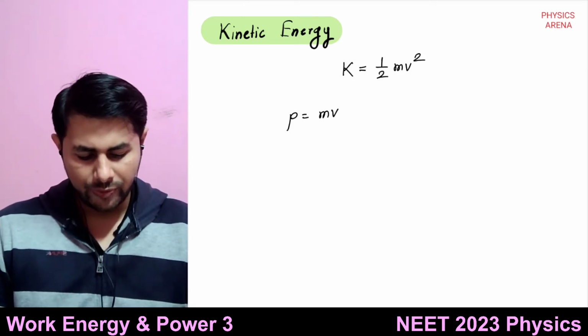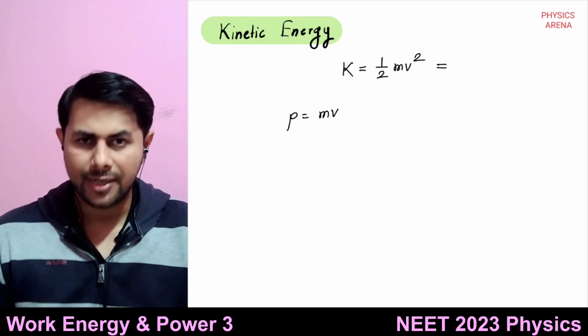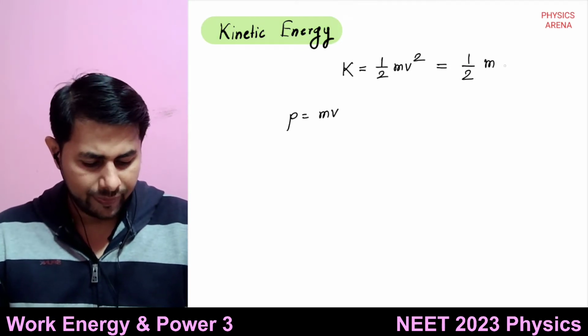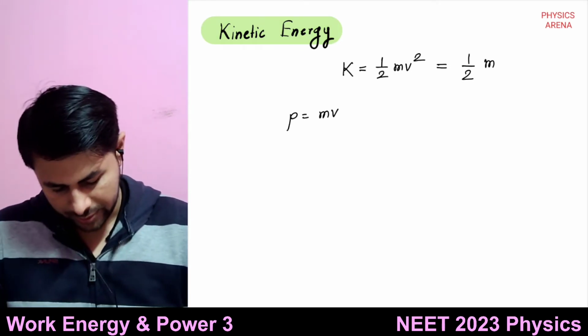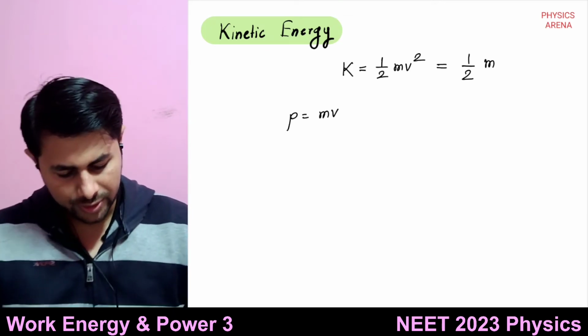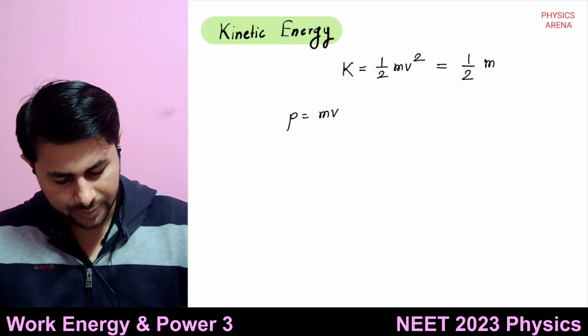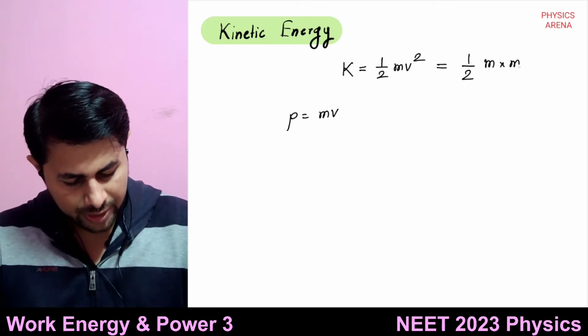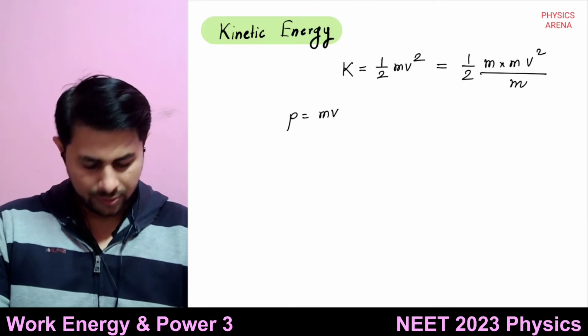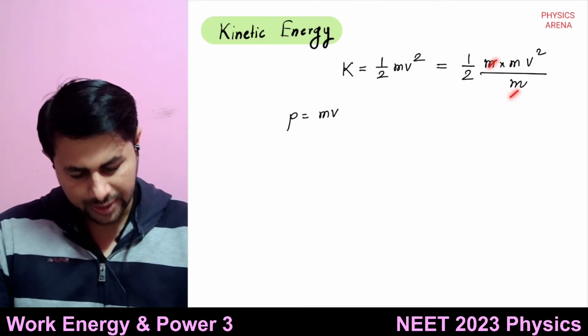Okay, so what will I do? I will just multiply and divide by m here. So it is half of m times m into v square divided by m. Okay, I have just multiplied and divided by m.